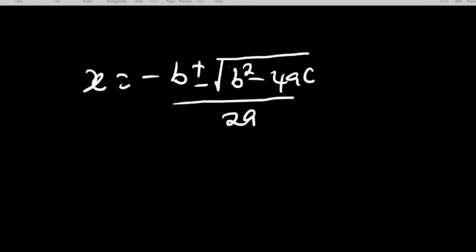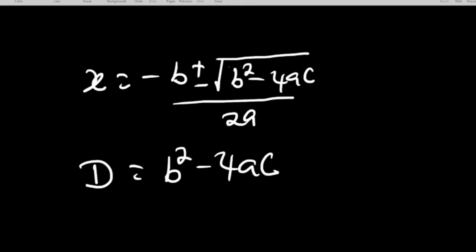So the discriminant, it's called d, okay, is equal to b squared minus 4ac. So this discriminant tells you the nature of roots of every quadratic equation. When we say roots, for example, what are we talking about? We actually mean the answers or the solutions. When you solve a quadratic equation, you are going to arrive at two solutions or at two answers, right?